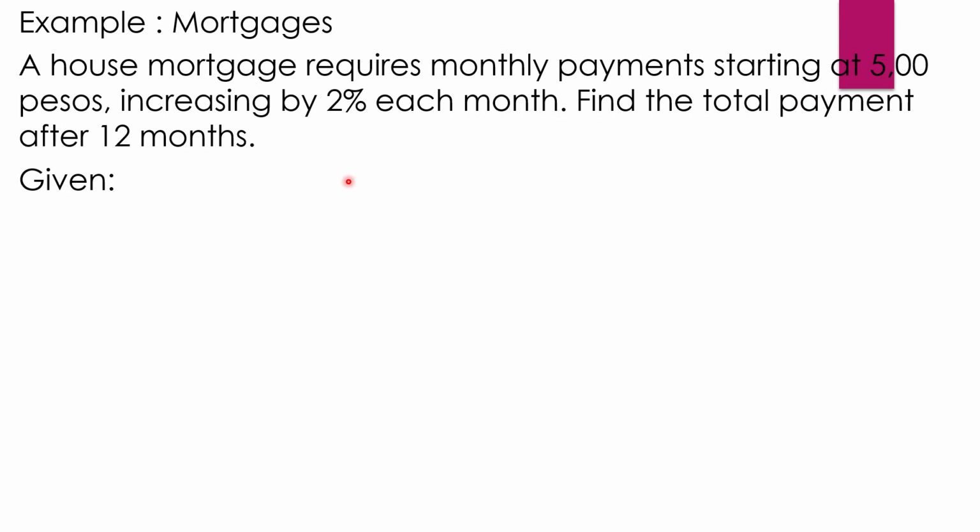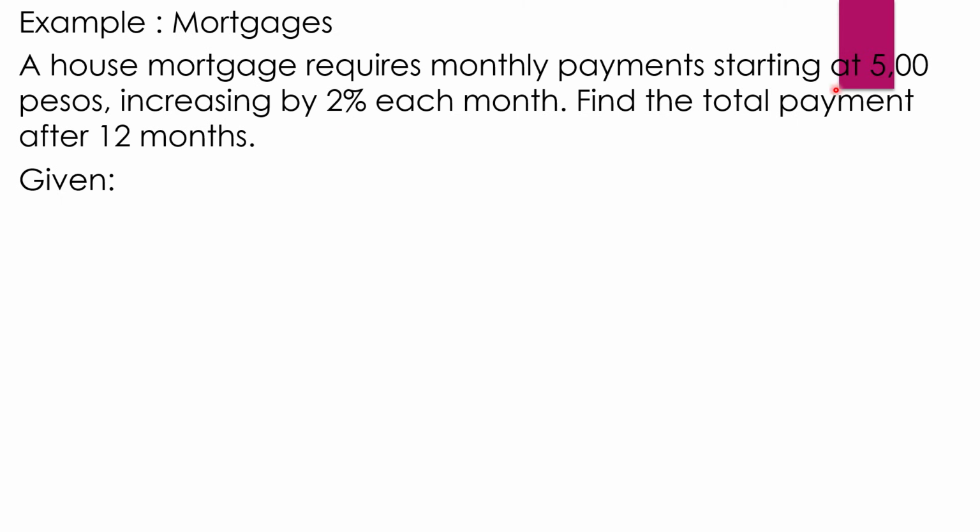Now, in our example here, it starts at 5,000 pesos and increases 2% each month for 12 months. So for 12 months, we do not pay the same amount as the first month because it increased 2% each month.